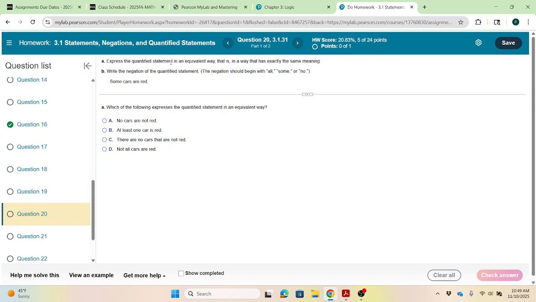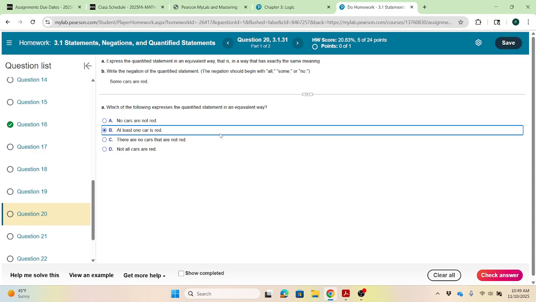Express the quantified statement in an equivalent way, that is, in a way that has exactly the same meaning. This is the quantified statement: some cars are red. We want to express this statement in an equivalent way.